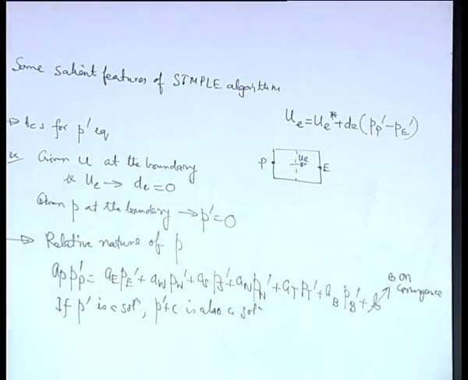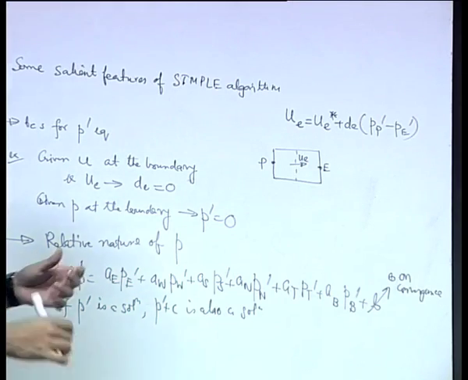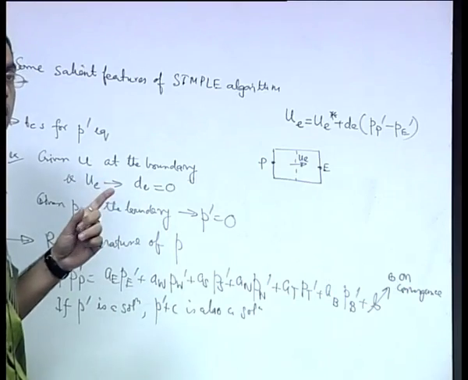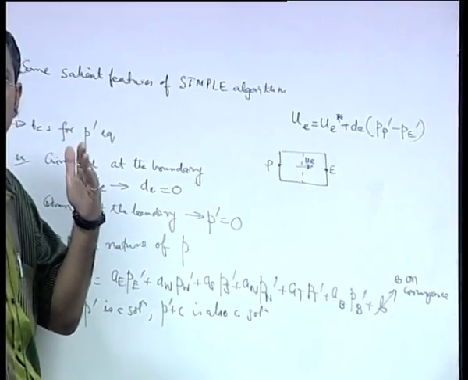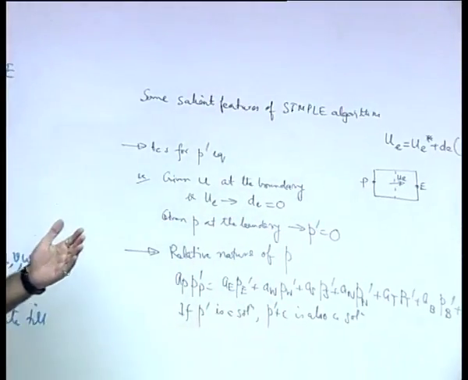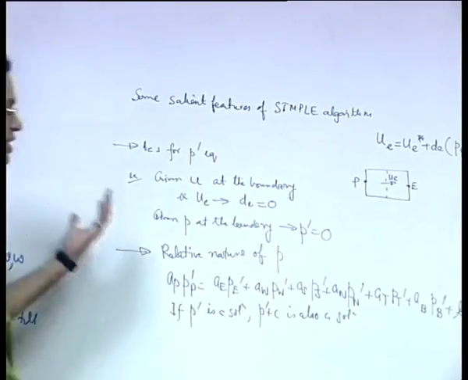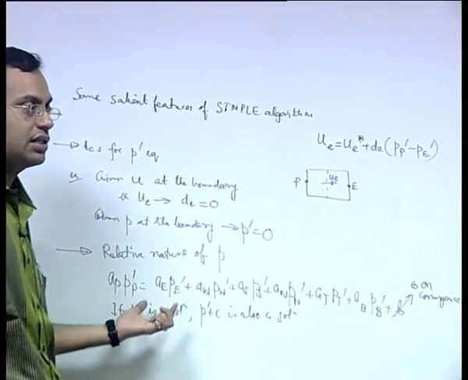So, you can get a non-ambiguous solution of pressure correction. Of course, you can get a unique solution if you set the pressure correction at a particular point equal to a reference value, and you can calculate the pressure corrections at other points based on that reference value. But otherwise there is no sanctity about the value of the pressure correction.